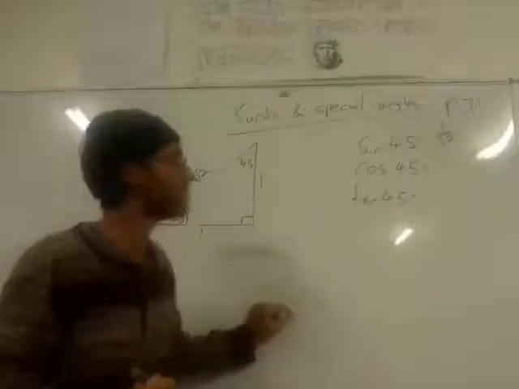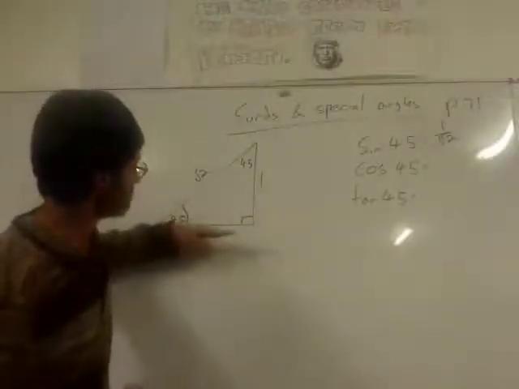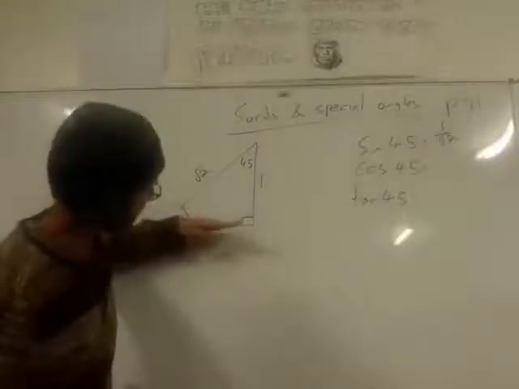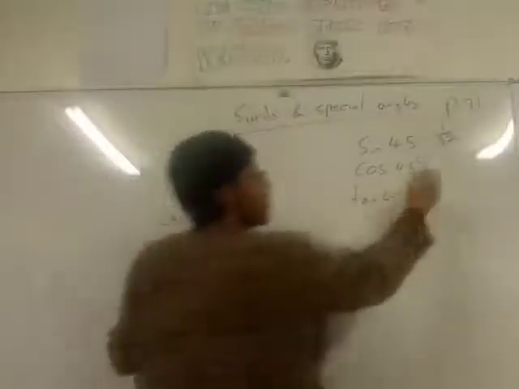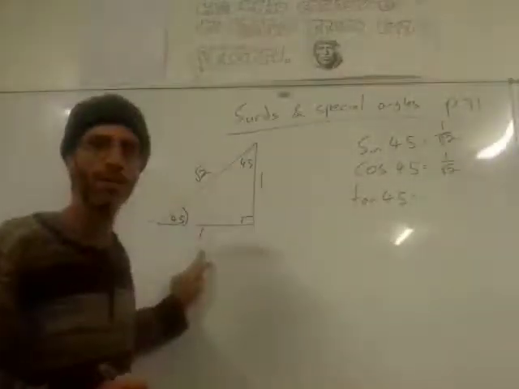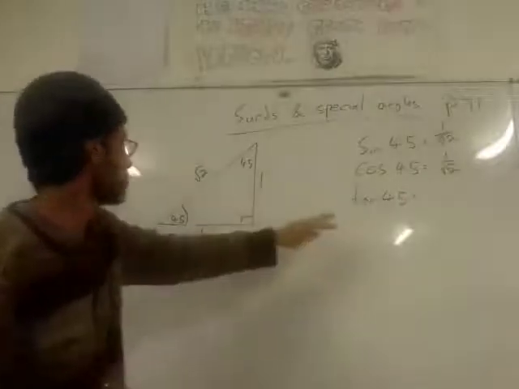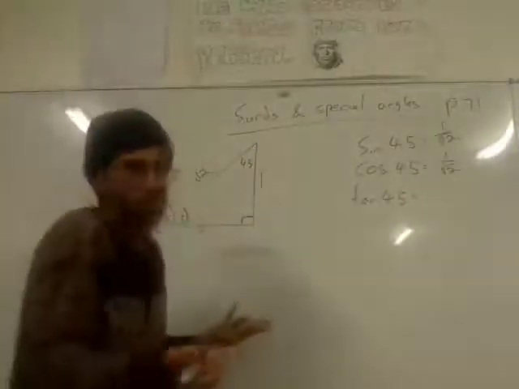See that? Now, what about cosine? Cosine 45 is the side next to, adjacent to 45, by the hypotenuse. It's still 1 over square root 2. And then tan 45 is opposite divided by adjacent, 1 over 1, which is simply 1.